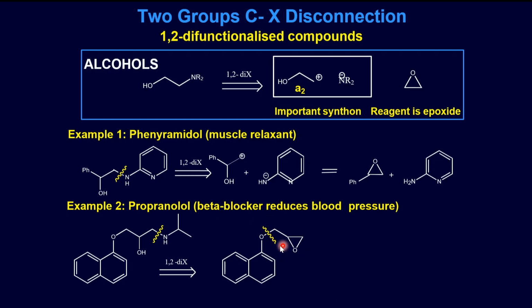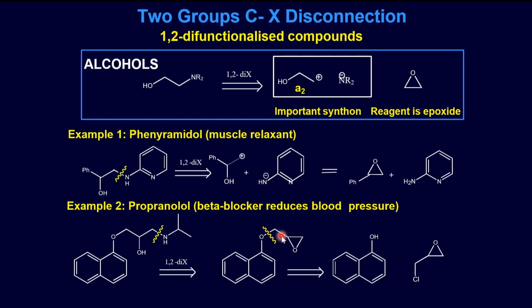When I break adjacent to the heteroatom, that is oxygen, this part becomes the donor synthon O minus. That naphthyloxy group can be obtained from naphthol, alpha naphthol to be precise. And another part will be C6H5CH2 plus. That is an acceptor synthon.